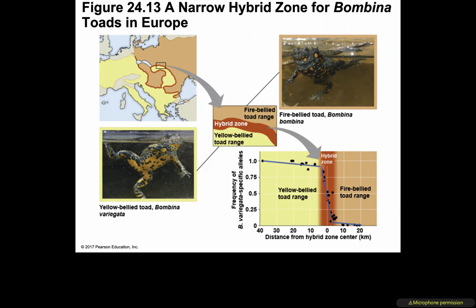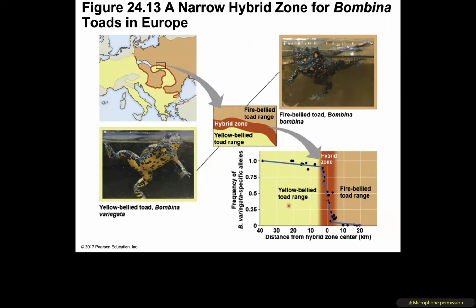Then as you go through the hybrid zone, that frequency of alleles is going to go down. And then as you cross over into the other species, the frequency of alleles goes down even more.